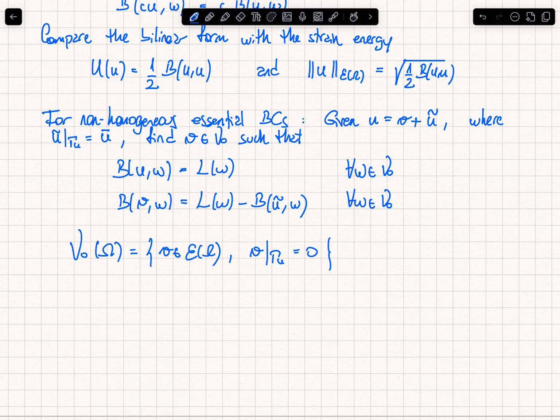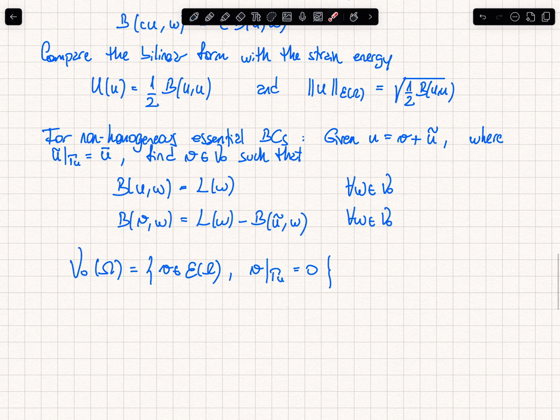And obviously it has to be equal to 0. Otherwise, we have a problem. If this u tilde already satisfies the boundary condition, then obviously this v, evaluated at that location, has to be equal to 0. Otherwise, there is a problem with that u tilde.